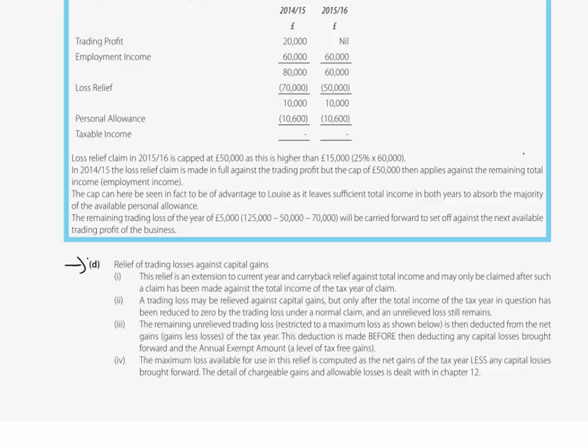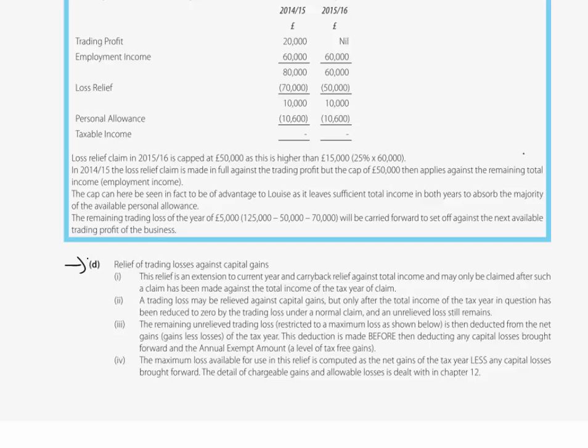But suffice it to say at this stage that if the taxpayer has made the full available claim against total income of the current tax year or the preceding tax year, then for the tax year in which that claim has been made, if there is still a trading loss that remains after that claim against total income, then subject to a cap, as we'll see in a few minutes' time, the trading loss that remains will be able to be treated as a capital loss of the year.